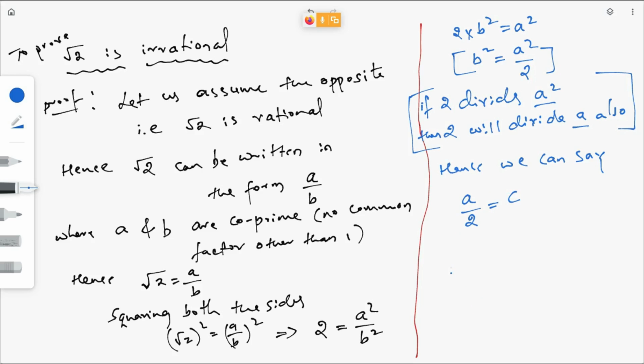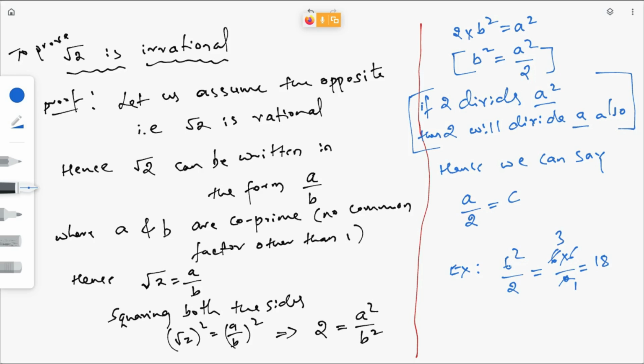I will give some example here. So a square is divisible by 2, or 2 divides a square. So here my a is 6 square divided by 2. 2 divides 6 square. So what is the answer? How much will we get here? 6 into 6 divided by 2, 18.